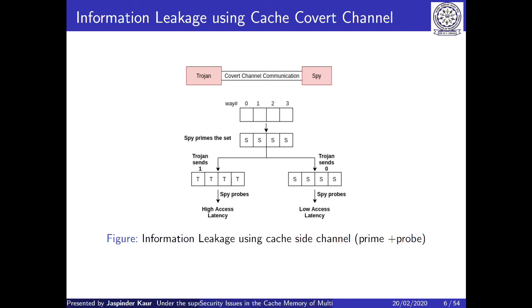For example, suppose both this Trojan and spy know this is the way, and if the spy requests four consecutive blocks, then the entire set will be filled by blocks of the spy application. And now if Trojan makes four consecutive requests from its application, then all these four will be replaced by the blocks of this Trojan.